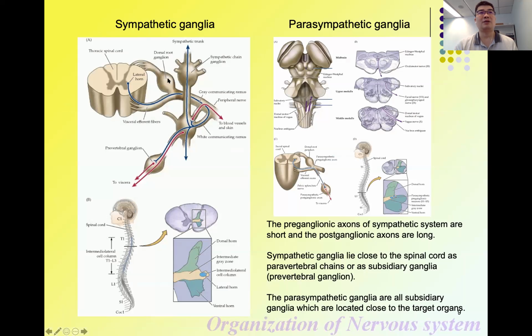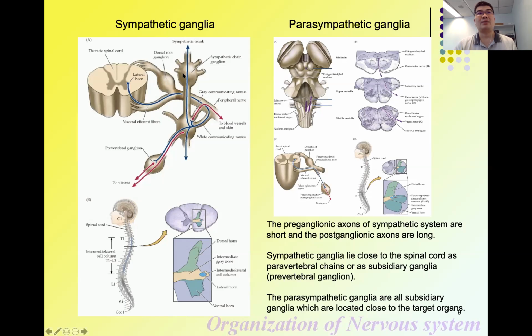Now, one of your classmates mentioned the dorsal root ganglion. That's actually one of the sensory ones. There are neurons here in the ganglion, so this is the dorsal root ganglion. Whenever we talk about a ganglion, that's the swollen part because there are a lot of neuron cells inside.